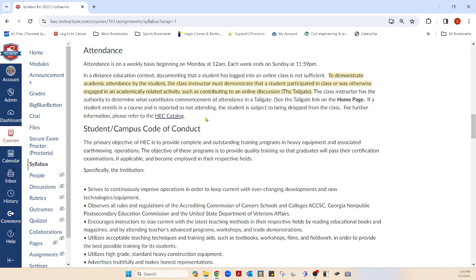Policies, I'm going to leave that up to you. But this attendance thing, of course, means you need to not just log in, but to participate, not just in anything, but I like to see you participate in a discussion, as it says right now. And I'll decide if you participated in it, and it'll be obvious. You will post. I will see that.